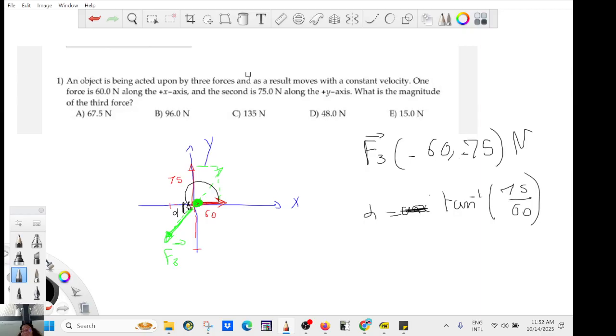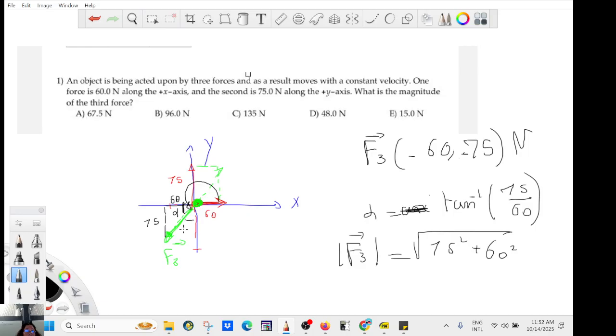Yes? Is that right? The magnitude, we need to find the magnitude. We have to use the Pythagorean theorem, right? This here is 75, and so that will be 60 here.